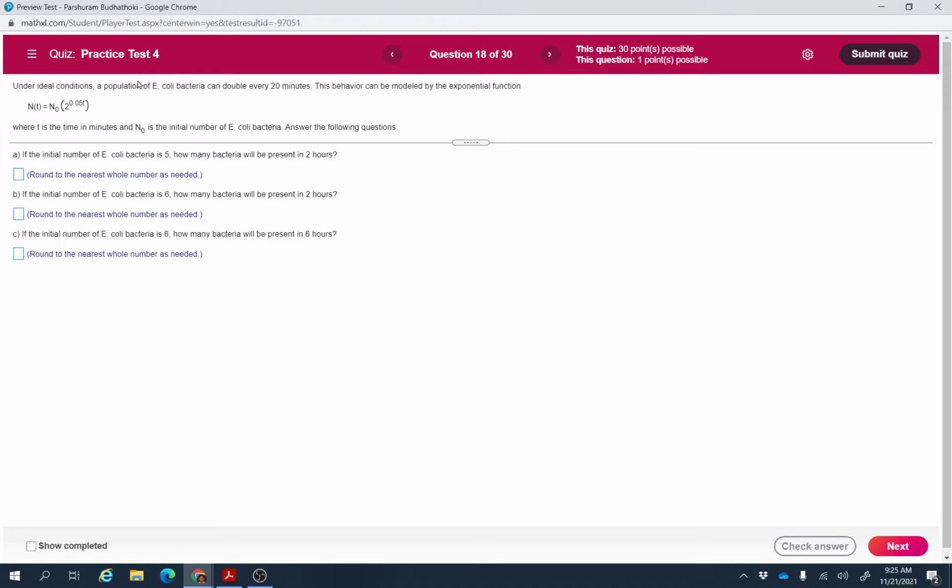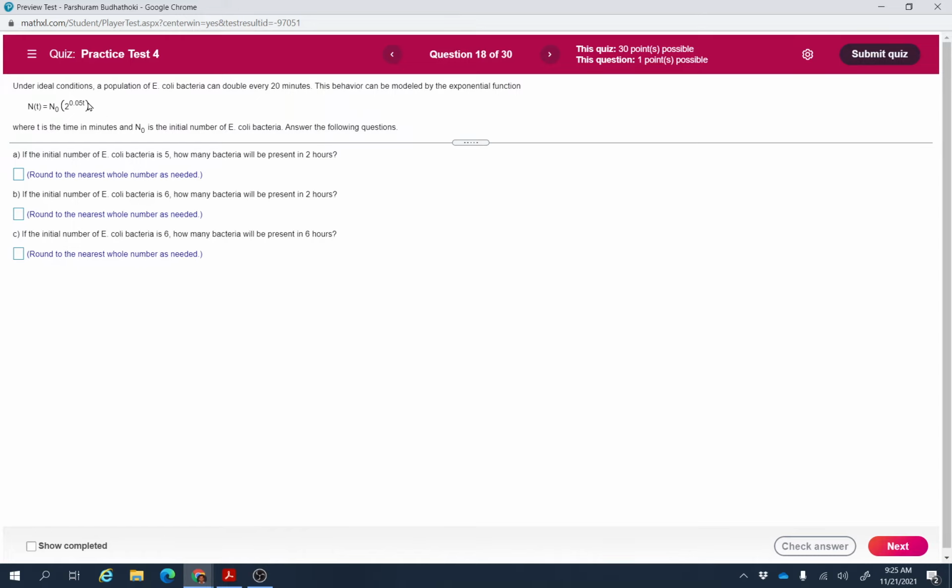Under ideal conditions, a population of E. coli bacteria can double every 20 minutes, and this behavior can be modeled by this exponential function, where t is the time in minutes and n0 is the initial number of bacteria. Answer the following question: if the initial number of E. coli bacteria is 5, so that means n0 is 5, how many bacteria will be present in 2 hours?